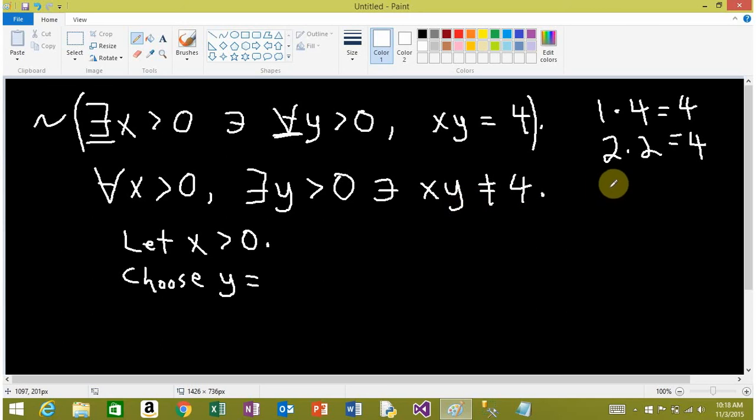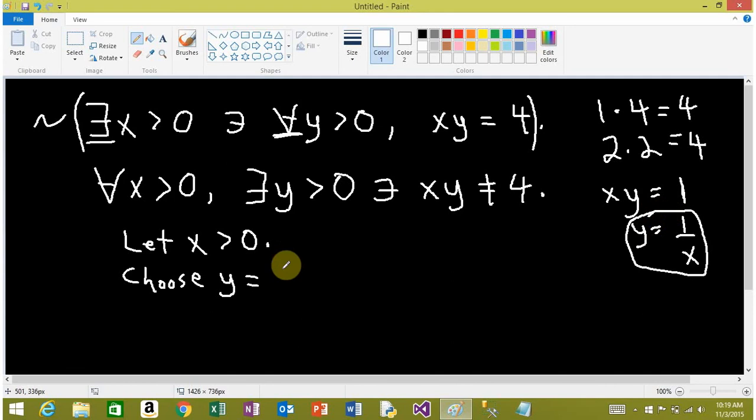So let's see, what if we wanted something that was not 4, say 1? We could choose any other number besides 4, and then if we solve for y, we get y equals 1 over x, dividing by x on both sides. So there we go. We found our value for y, and then we can put that into our proof. So y equals 1 over x.